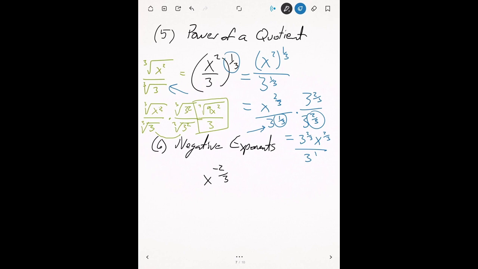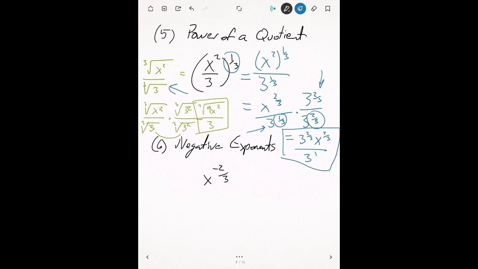Now, sometimes students find it easier to convert it to radicals, like in the green. They sometimes find, that's pretty easy for me. I'm able to think of it that way. Other students are like, no, I prefer to think of it like this blue work, where I convert it into rational exponents, and then I just work by adding some exponents to it. Your call, but the final answer should be in the most simplified form.